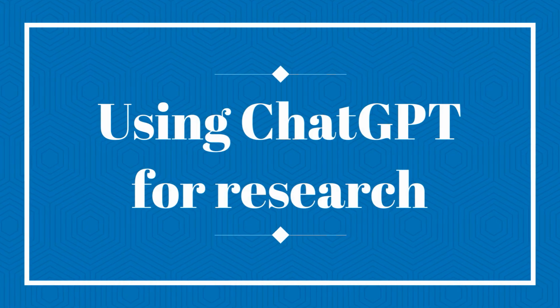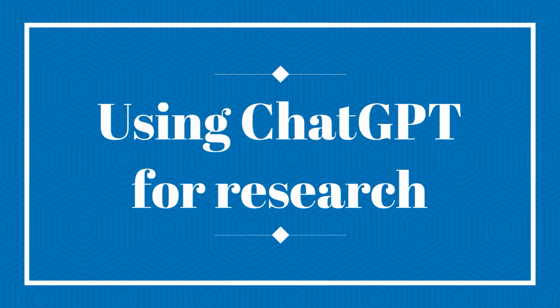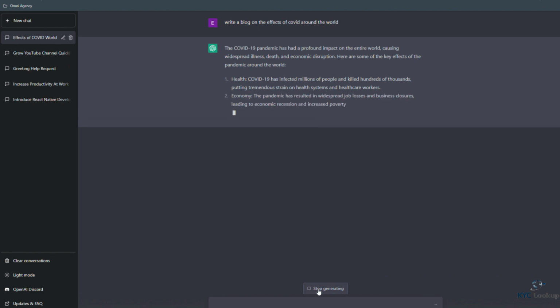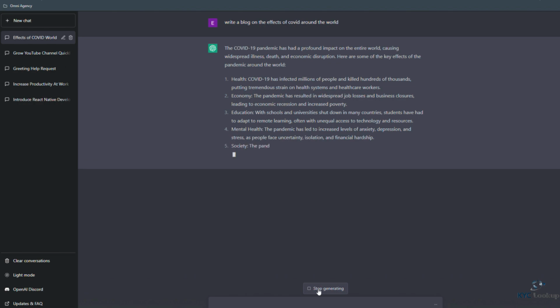Using ChatGPT for research. One of the main advantages of using ChatGPT for research is its ability to generate large amounts of high-quality text data. This can be used for tasks such as data augmentation, text summarization, and language translation.